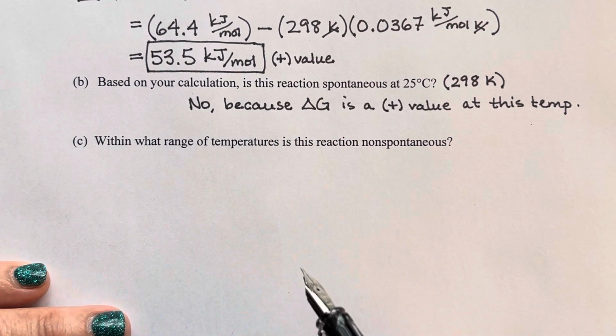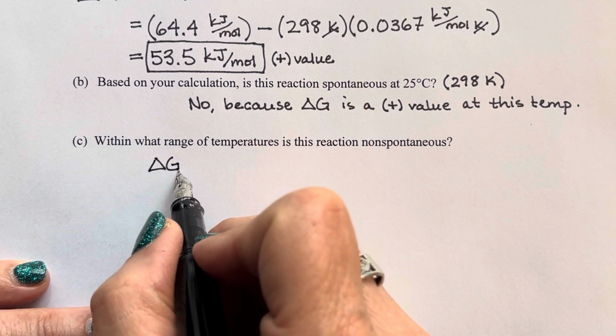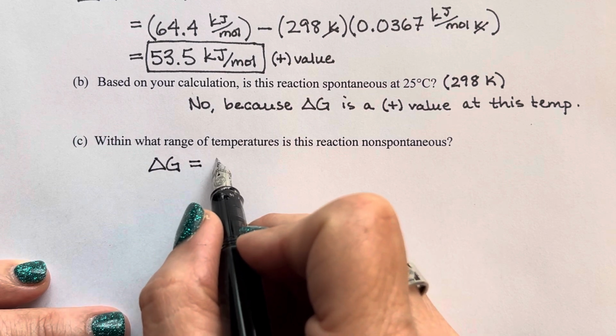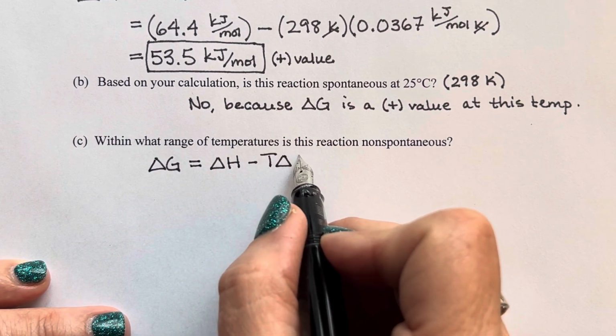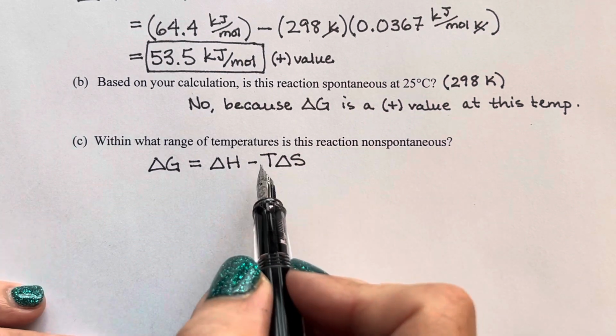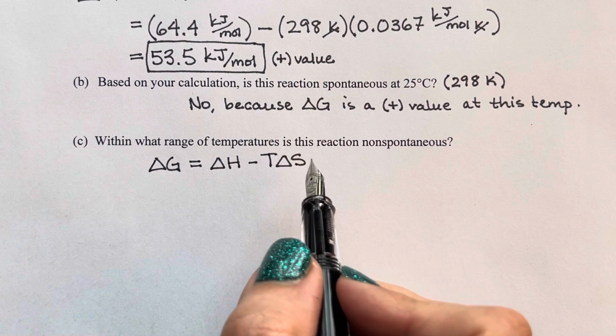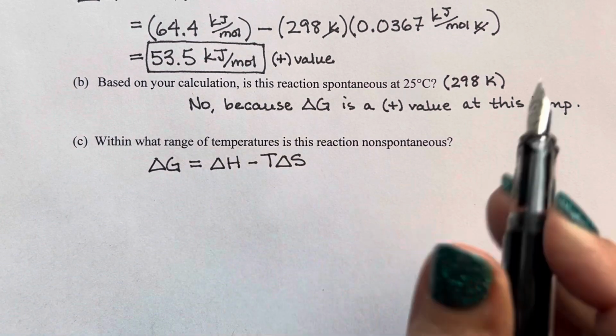And the way you do this kind of problem is you first acknowledge, okay, what's our relationship between Gibbs energy, enthalpy, temperature, entropy. And now we are going to find the cutoff between it being spontaneous and non-spontaneous.